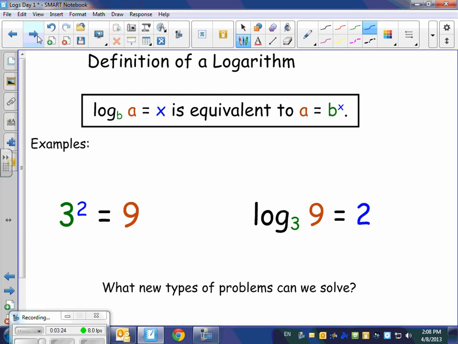This is in your notes, but I'll add a couple of things here to annotate it as well. The key here is this phrase in the middle, which is really important. "Is equivalent to" means it's the same as. We have spent a lot of time over here. This is our comfort zone at this point.